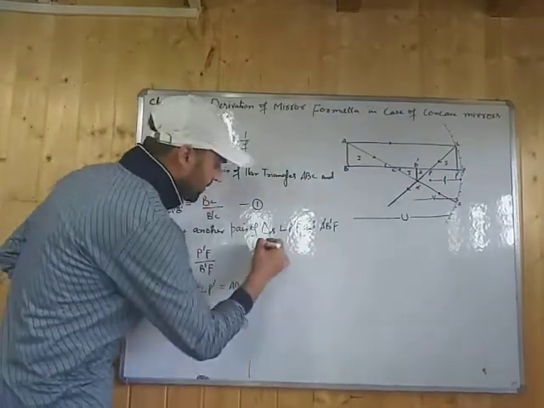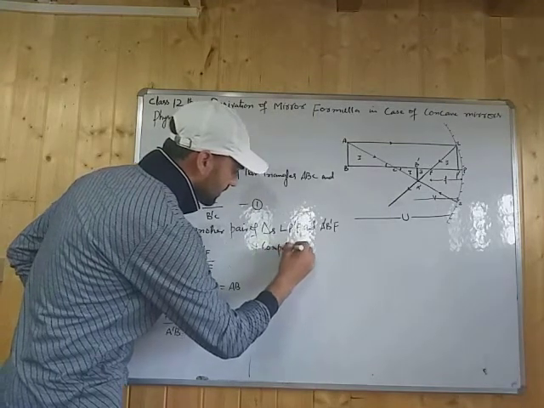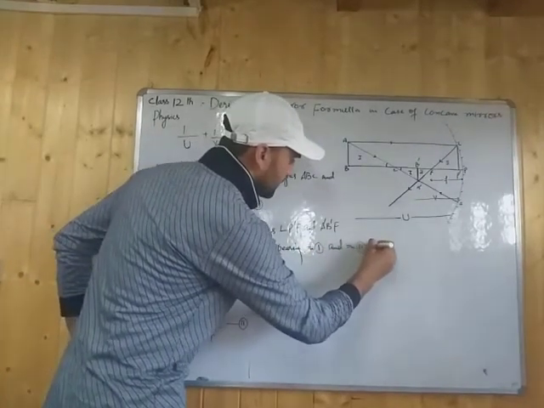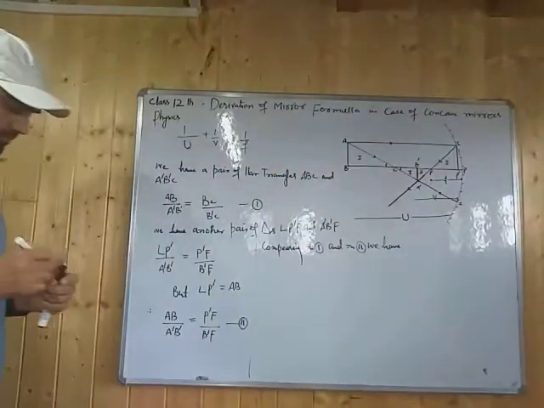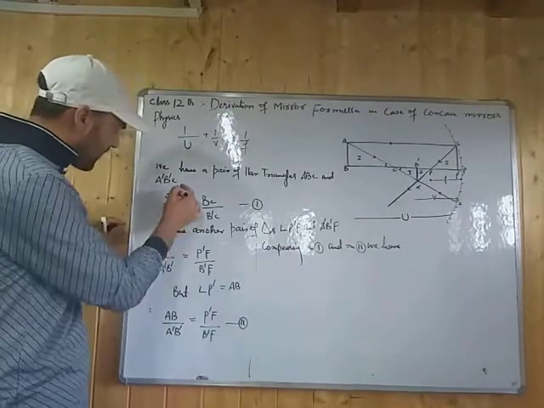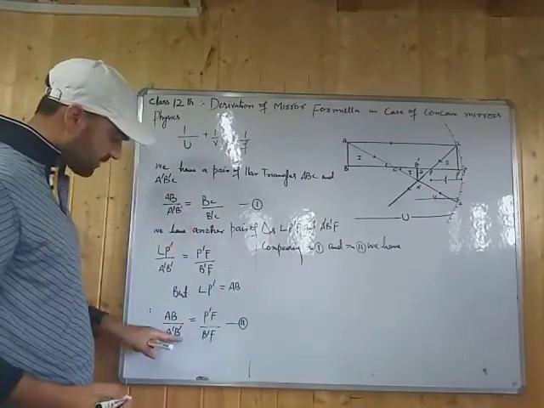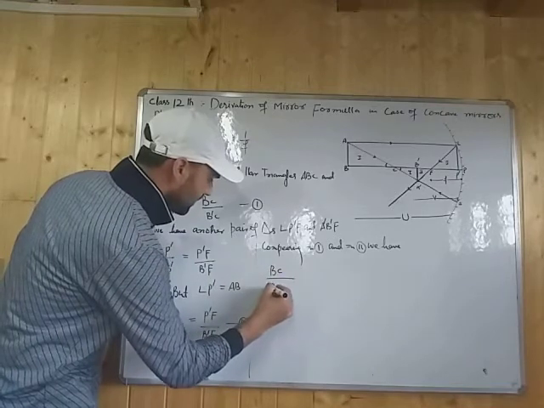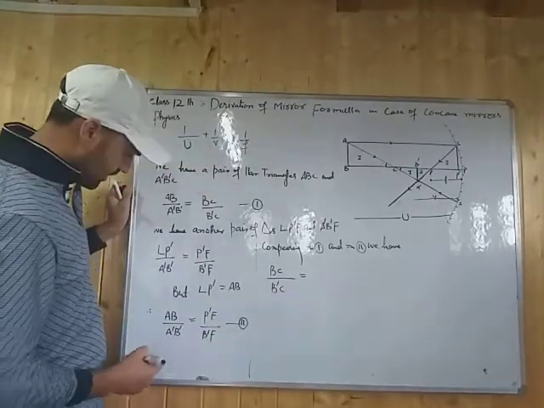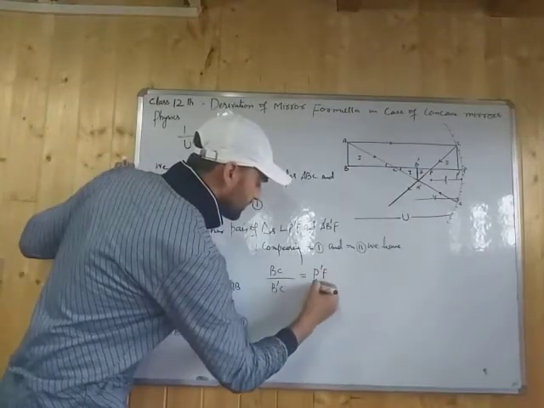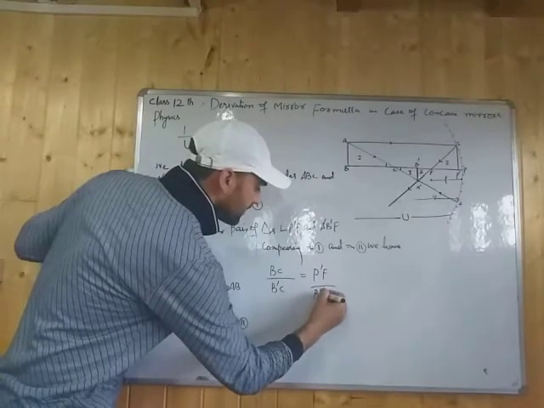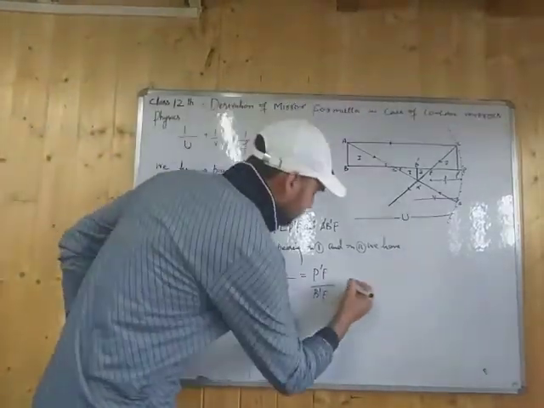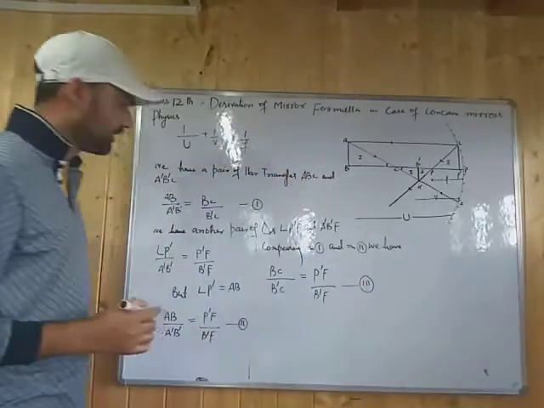Comparing equation first and equation second, we get BC divided by B dash C is equal to P dash F divided by B dash F. This will be equation third.